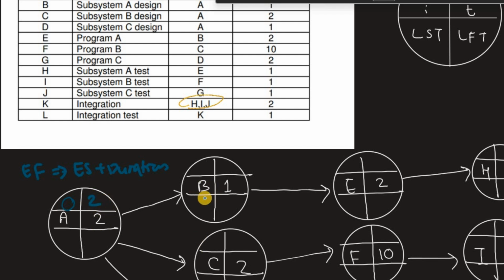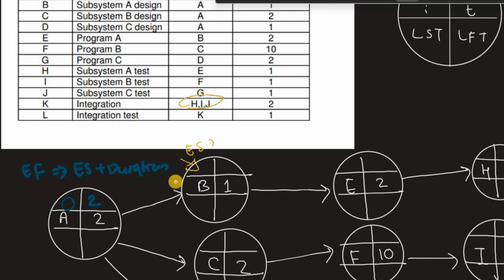Then the earliest start of the next one is going to be the earliest finish of the previous activity, the one that it depends on. That's how it works for the activity network diagram.